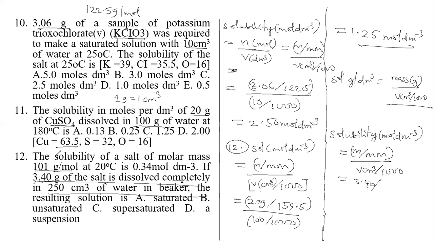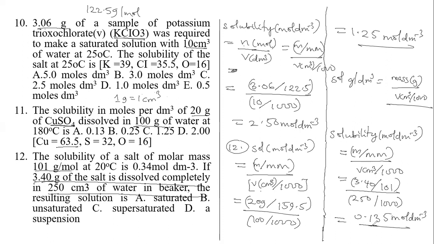The molar mass of the salt is 101 gram per mole. Volume in cm cube is 250 over 1000. By the time you press your calculator, that's going to be 0.135 mole per dm cube.